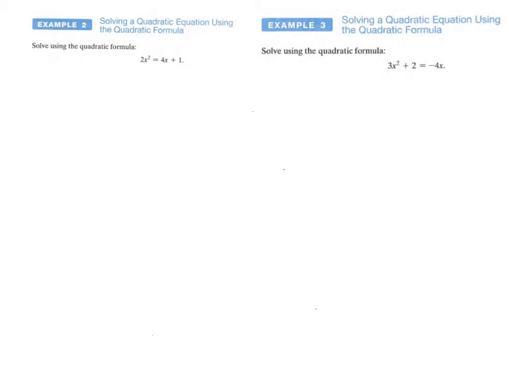So now we're going to do this problem. Once again, it's not in standard form, so I'm going to need to move that 4x over. I'm going to keep my 3x squared, but now it becomes a 4x, and I'm just putting it in the proper form, equals 0. And now I have my A, my B, and my C. So I'm going to go through the same process I've been doing.